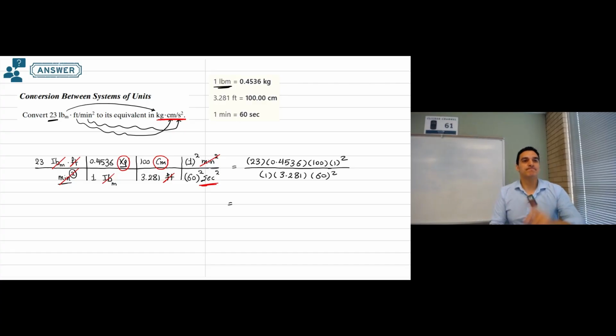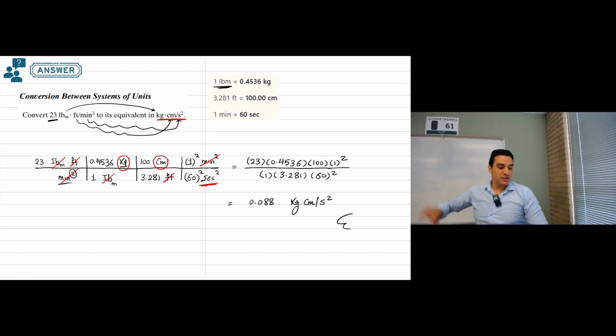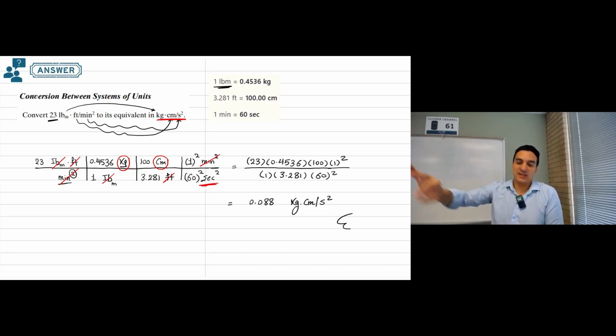And what will be the number? Did you calculate it? 0.088 kilogram centimeter per second square. And this is what is required. So basically, 23 pound mass feet per minute square is exactly equivalent to 0.088 kilogram centimeter per second square.